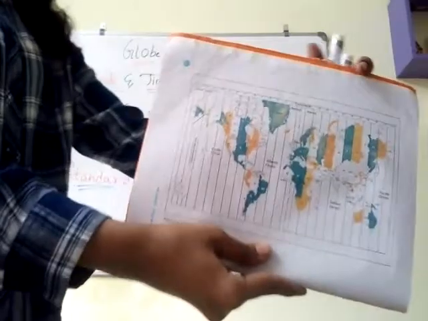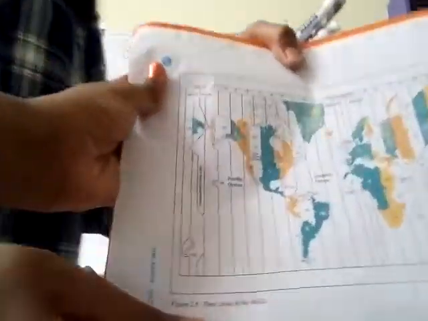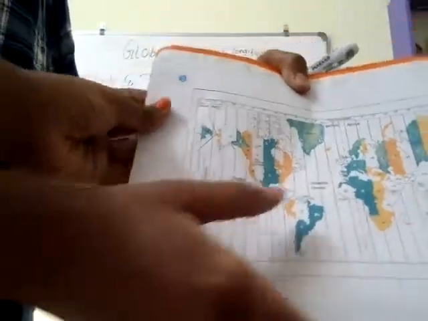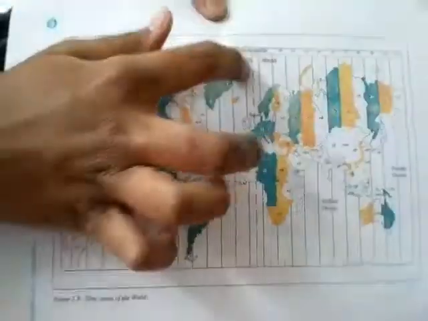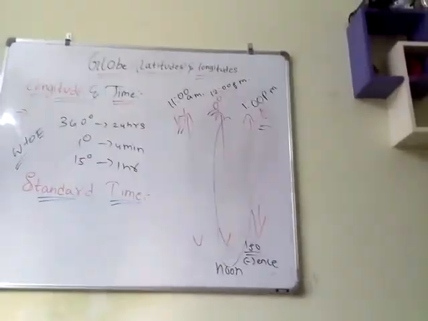Is it clear? So here you can see this line is the Greenwich meridian, that is 0 degrees. Towards the east will be ahead, and towards the west it will be before. This is what I would like to show you.